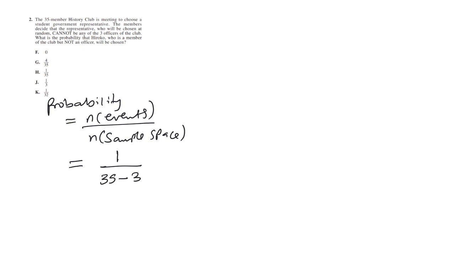When you analyze this statement, it says the representative who will be chosen at random cannot be any of the 3 officers of the club. So there are 3 officers among the 35, and they are being excluded. So the sample space reduces to 32 instead. So this is 32. And therefore, the right answer here is going to be K.